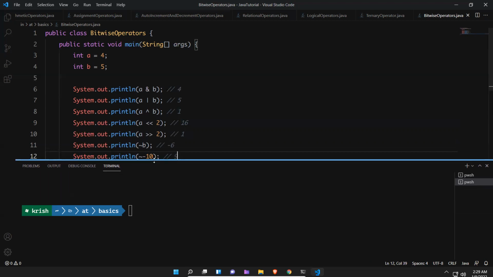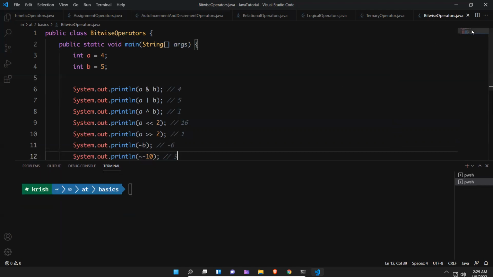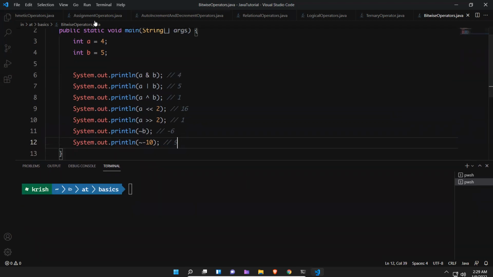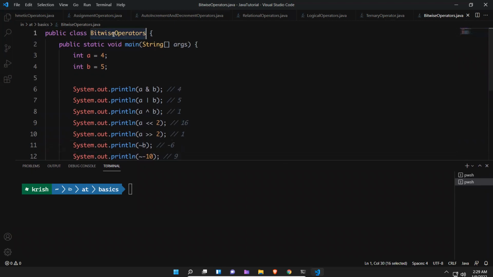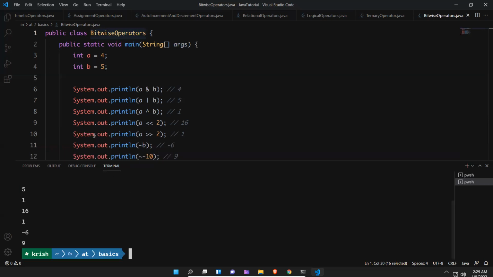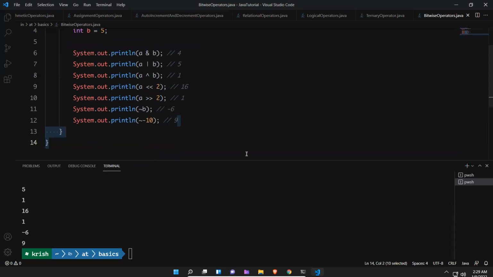Now we'll execute this and see if we are getting the same output or not. Let me copy this BitwiseOperators, and here JavaBitwiseOperators.java, and you see the outputs here.